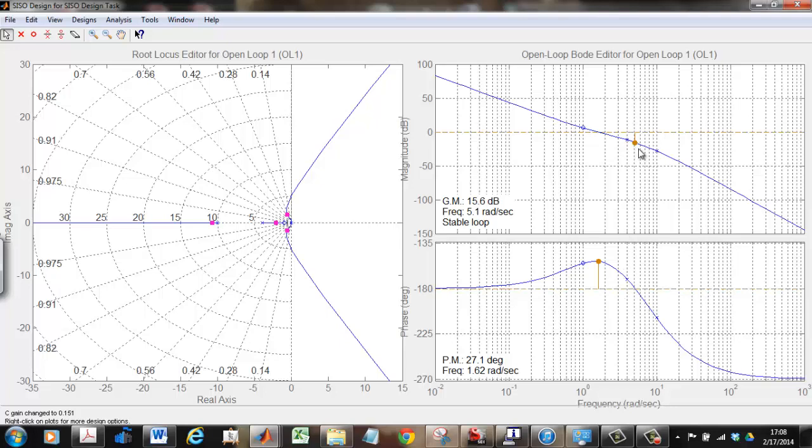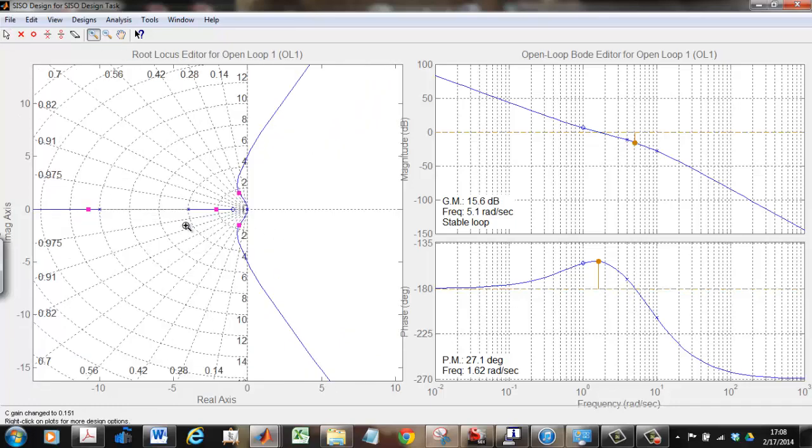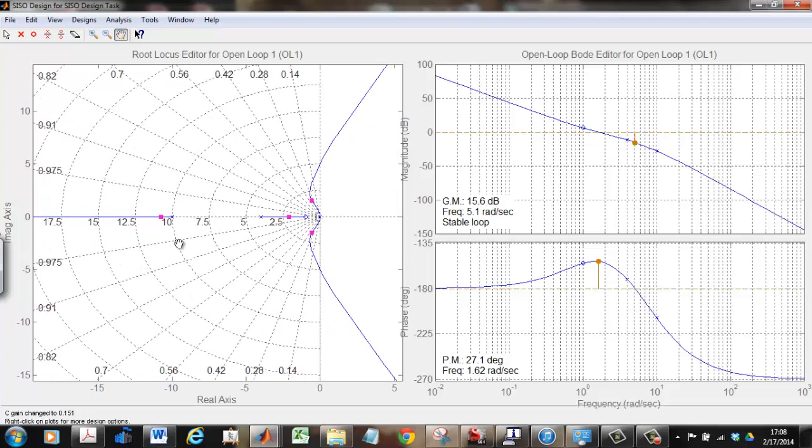A positive gain margin and positive phase margin give me a root locus that's acceptable. So I can look over here in the root locus program and see that indeed I do have an acceptable root locus.